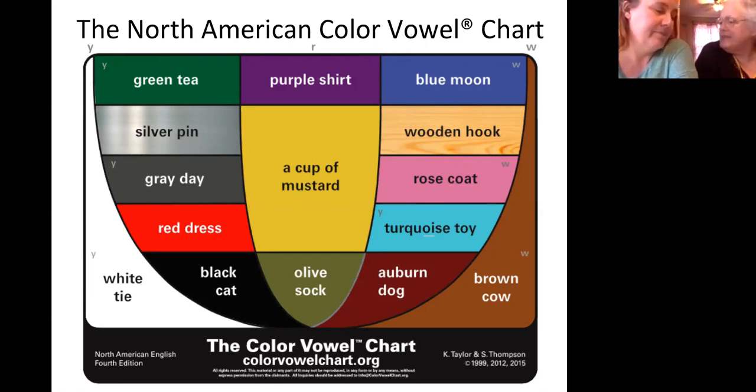Or the E sound, because what if you can't hear the difference between E and I? So now green helps us identify exactly it with one term. Especially helpful when you get to the next one, silver, pin, I. Our learners often cannot perceive the I in silver and pin, and they perceive it more like the E in green and tea. So having a name for it is extremely helpful.